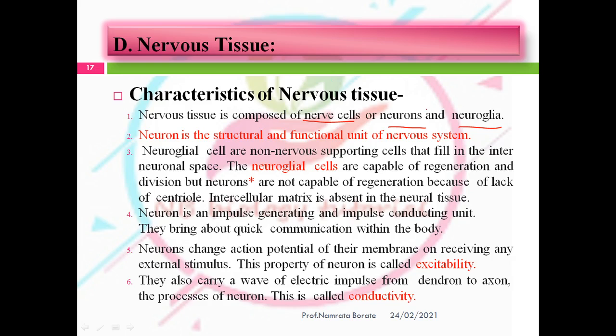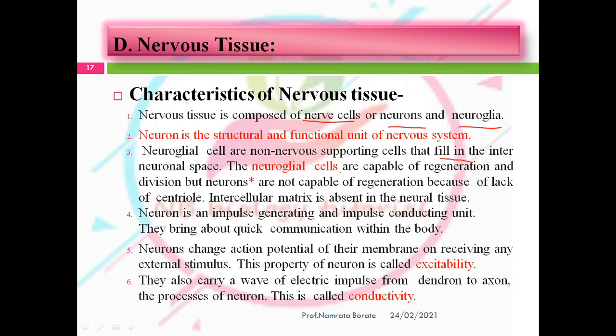The neurons. So what is this neuron? It is also known as the nerve cell. These are the fundamental unit of the brain and the nervous system. This neuron is a structural and functional unit of the nervous system. Neuroglial cells are the non-nervous supporting cells that fill in the interneuronal space.